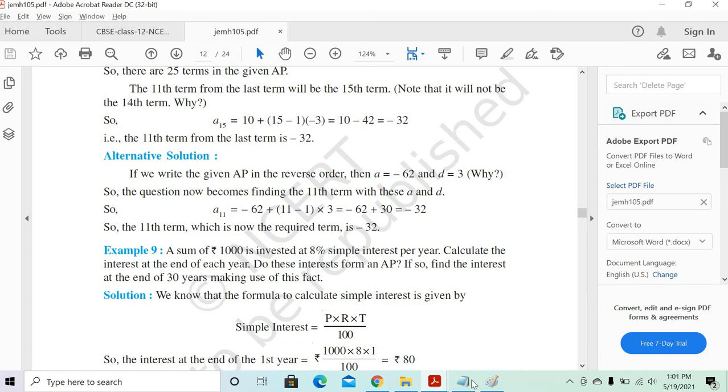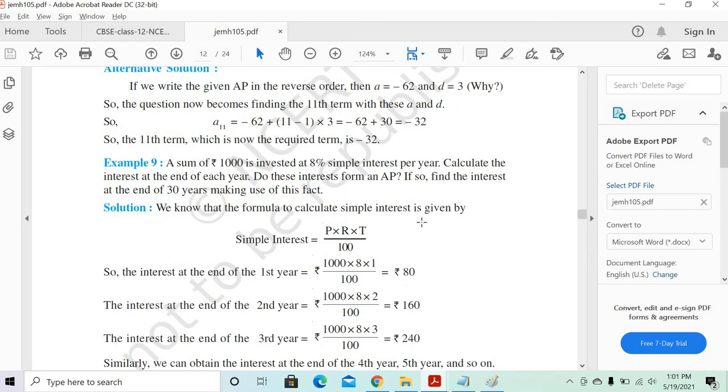It should be minus 32. Minus 62 plus 30 is minus 32 only, no? Check. Send me your calculation. Let me just see what you have done. Yeah, okay, sir, I'll send.